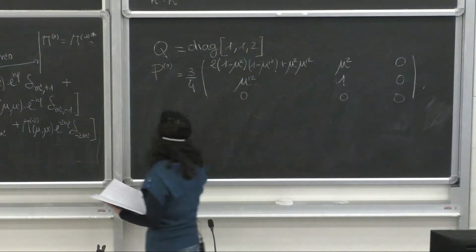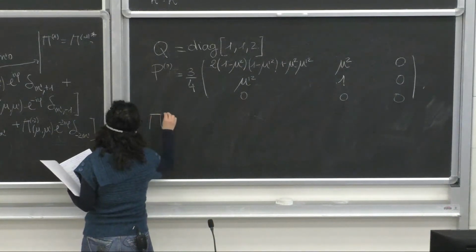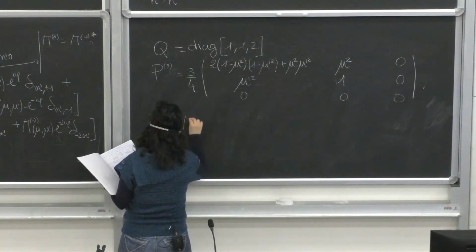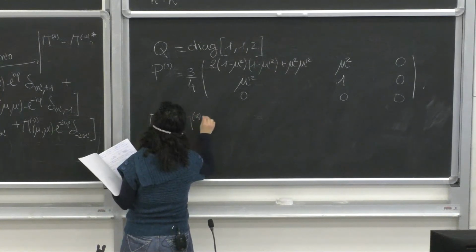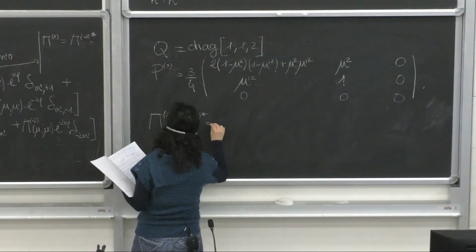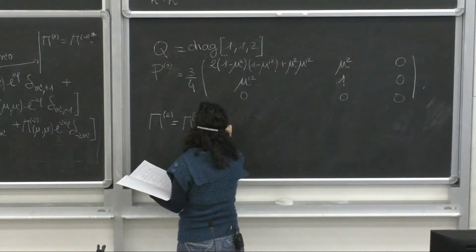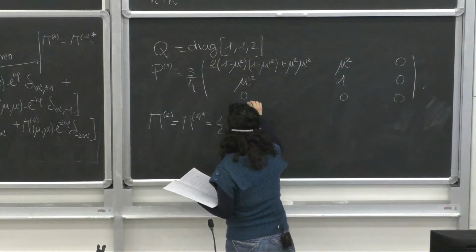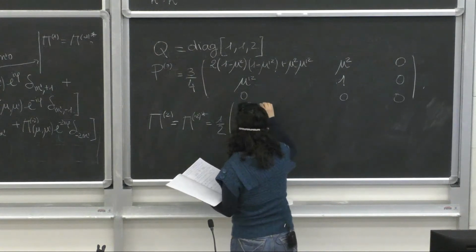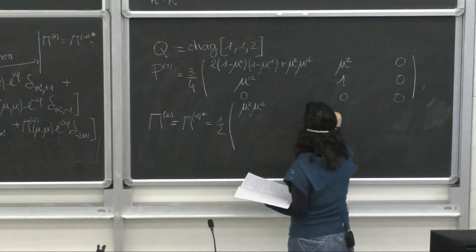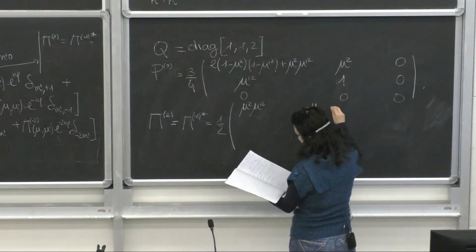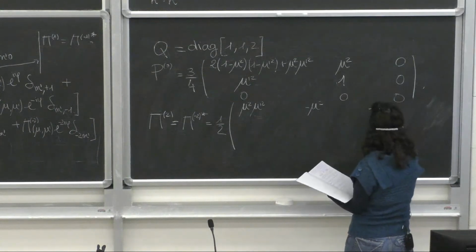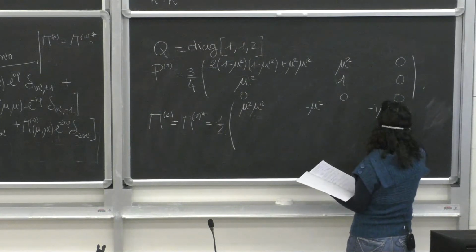And finally, we need pi 2, which again is also equal to pi minus 2 complex. And this is 1/2, again a 3 by 3 matrix with mu square, mu prime square, minus mu square, minus i mu square mu prime.